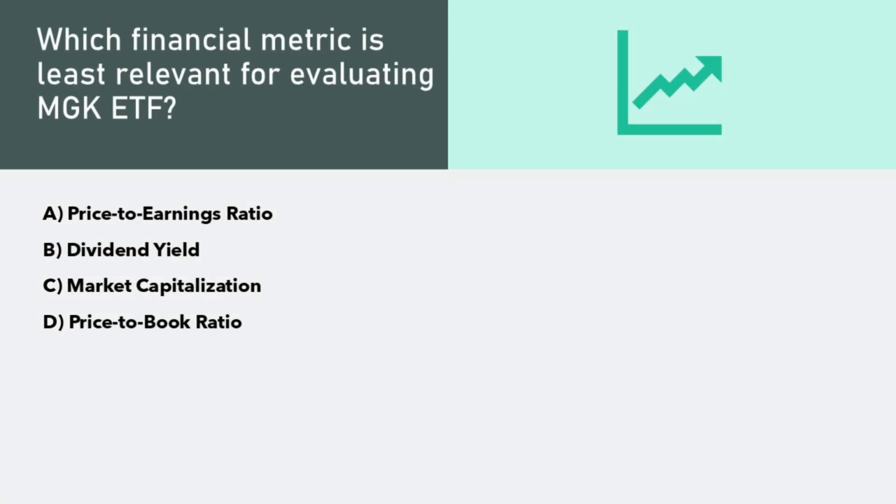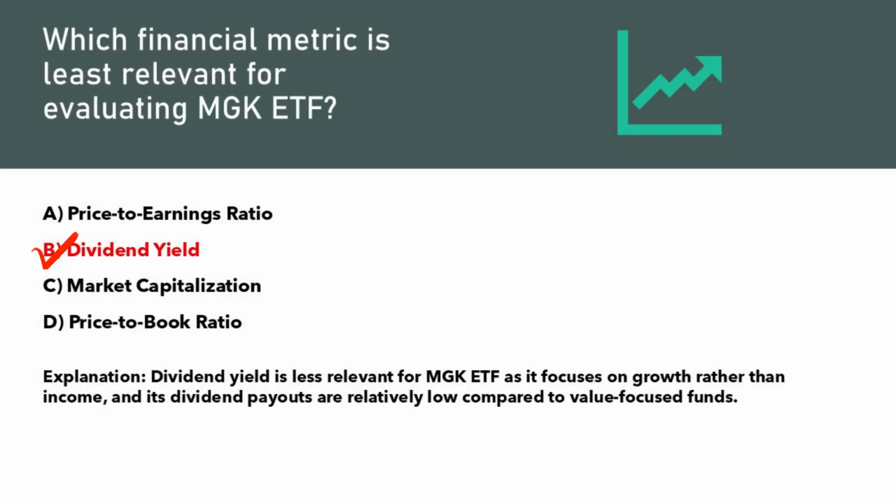Which financial metric is least relevant for evaluating MGK ETF? Answer: B. Dividend yield. Explanation: dividend yield is less relevant for MGK ETF as it focuses on growth rather than income, and its dividend payouts are relatively low compared to value-focused funds.